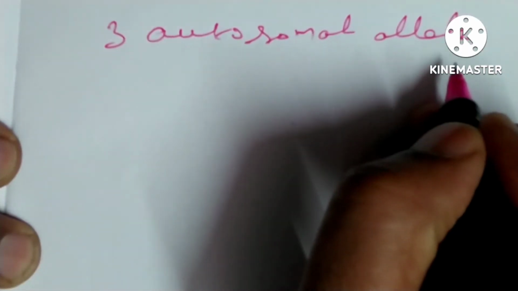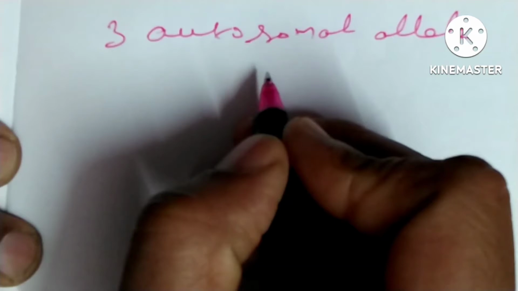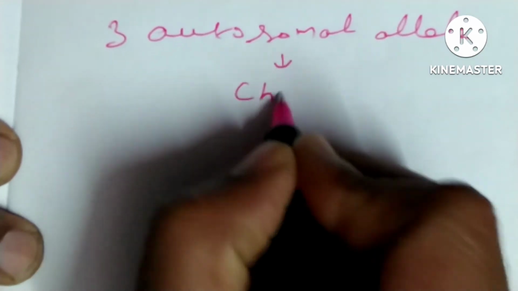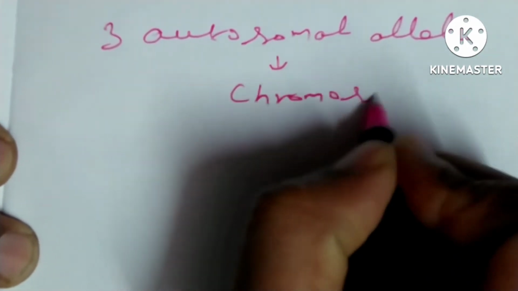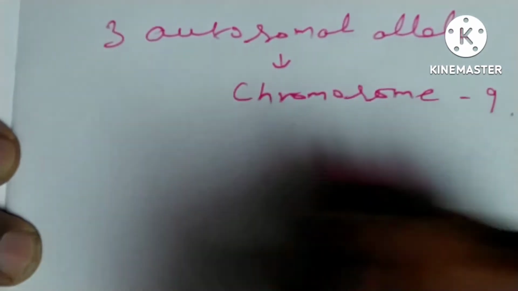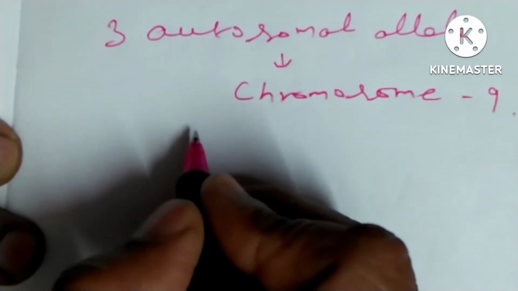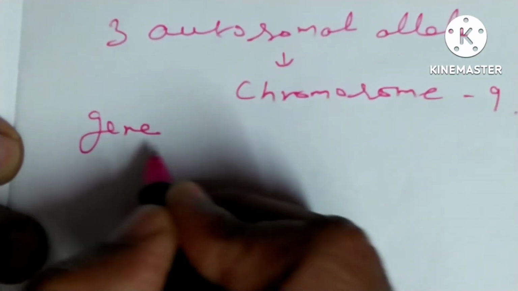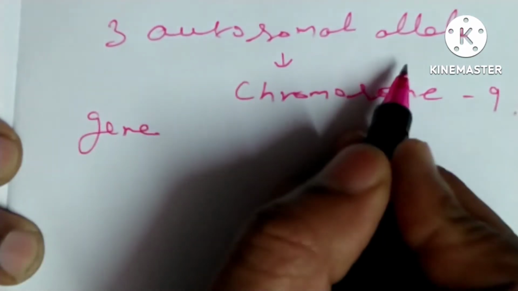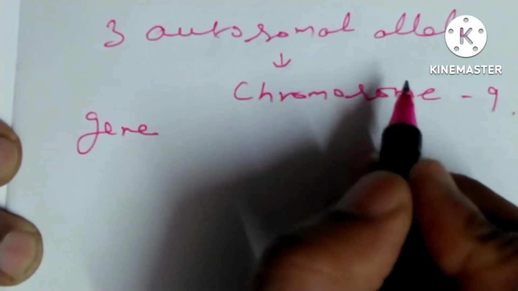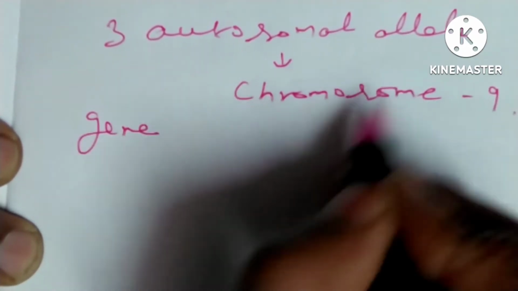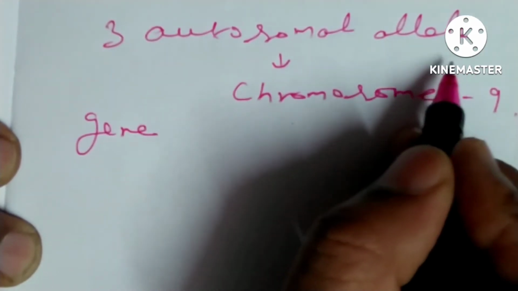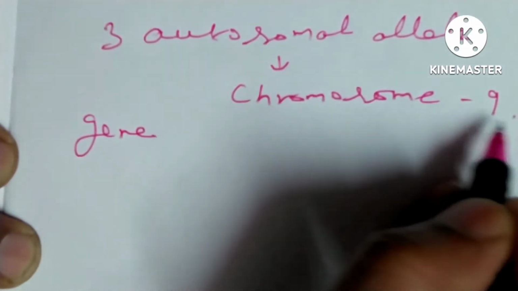There are three autosomal alleles controlling the particular blood group of any person, located in a particular locus of a homologous chromosome, chromosome number 9.